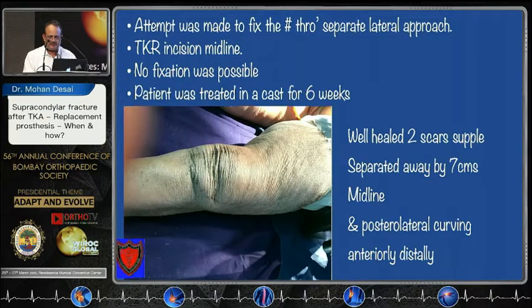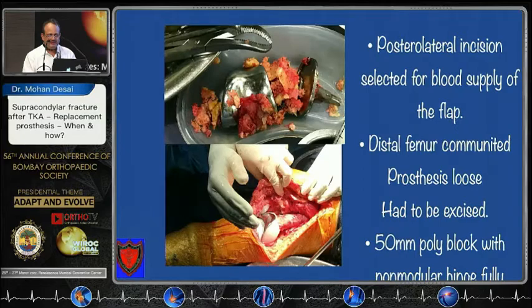The lateral incision was a posterolateral incision curving anteriorly distally. So when we decided to do a distal femur replacement, we took the same posterolateral incision for the blood supply, and this was what we got: a totally comminuted distal fragment along with the prosthesis came out in hand.